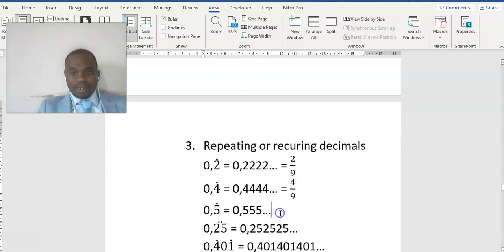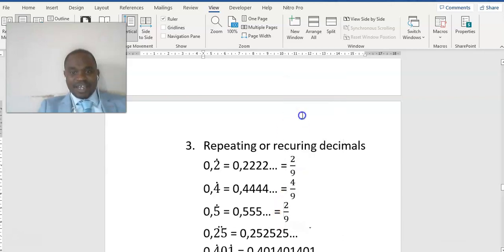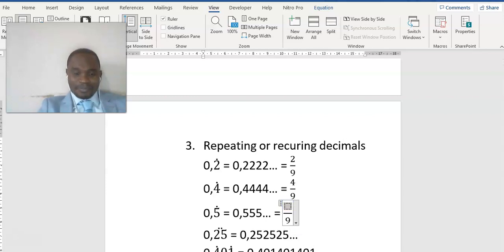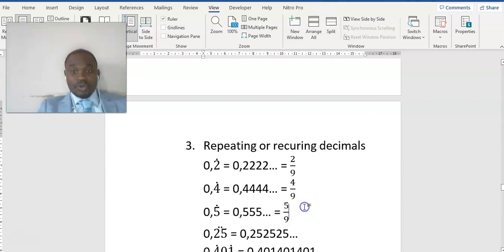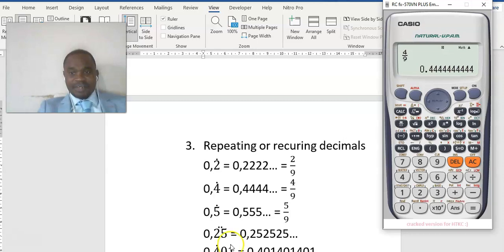What about this one? It's also going to give us 5 over 9. Are you getting the picture? So it is what? A rational number. Alright, let's check on the calculator and see whether it is going to give us 5 over 9.